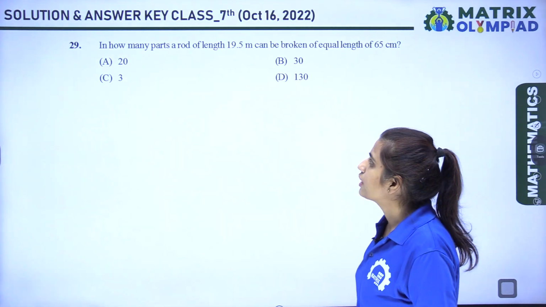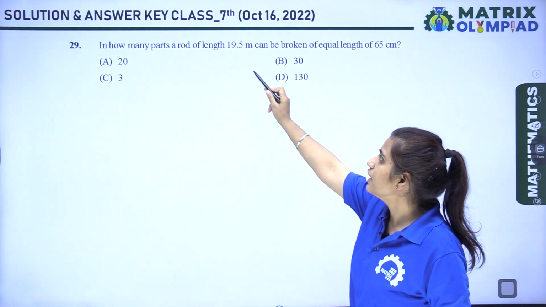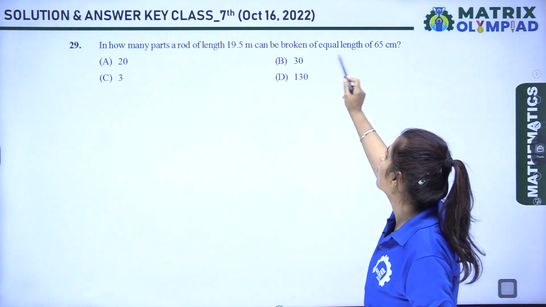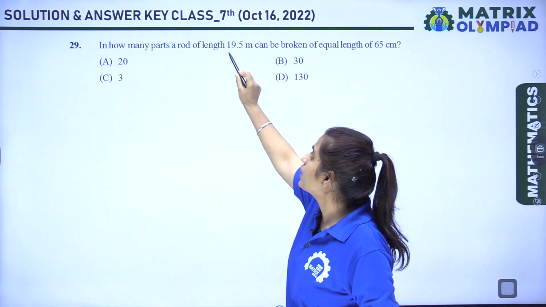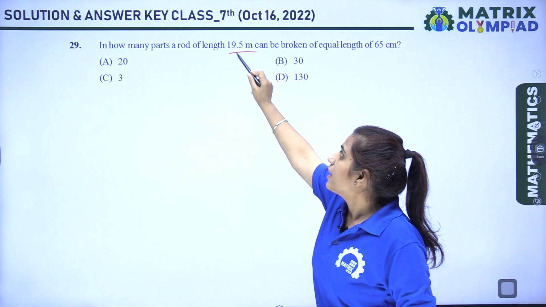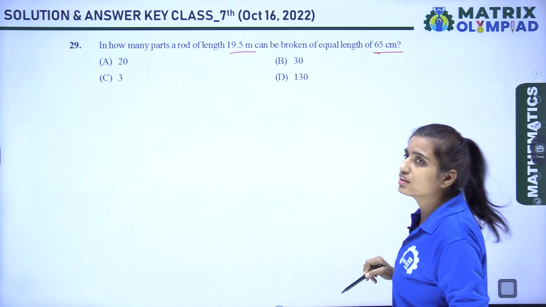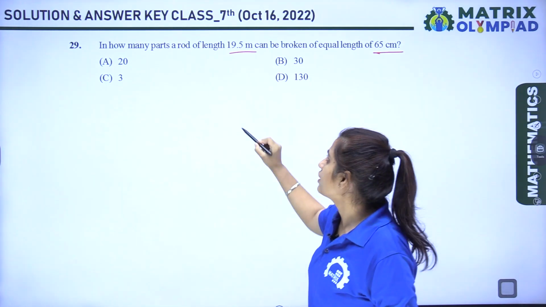Next question is, in how many parts a rope of length 19.5 meter can be broken of equal length of 65 centimeter. Now here in this question you can see that 19.5 is in meter and 65 is in centimeter form. So we have to convert one of them to make the same unit.